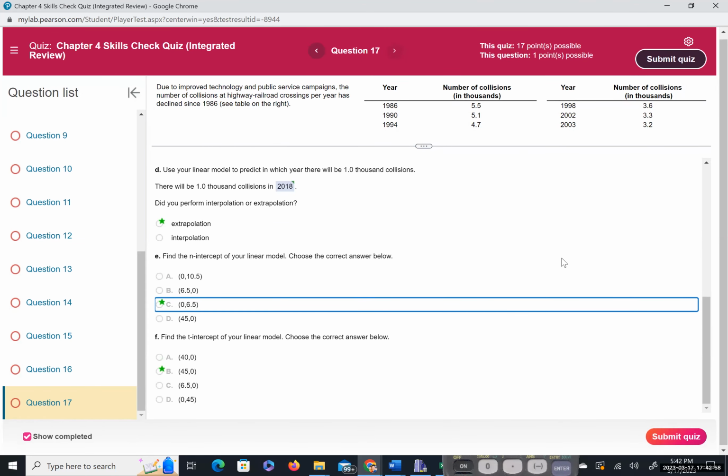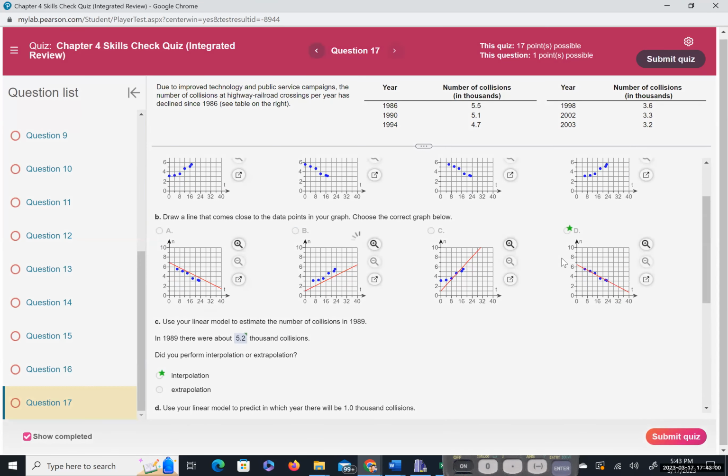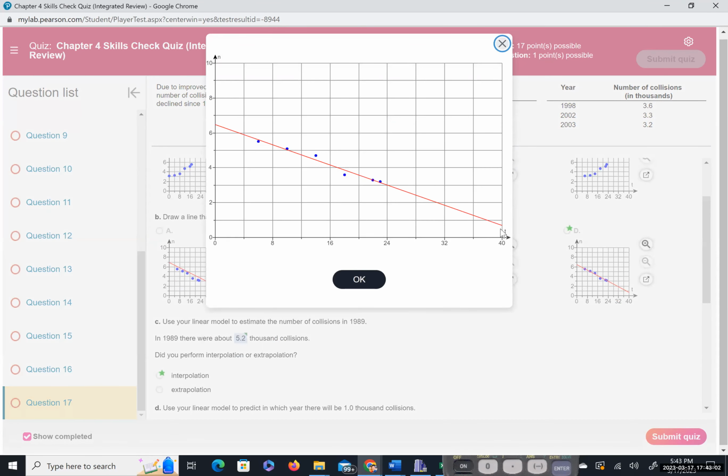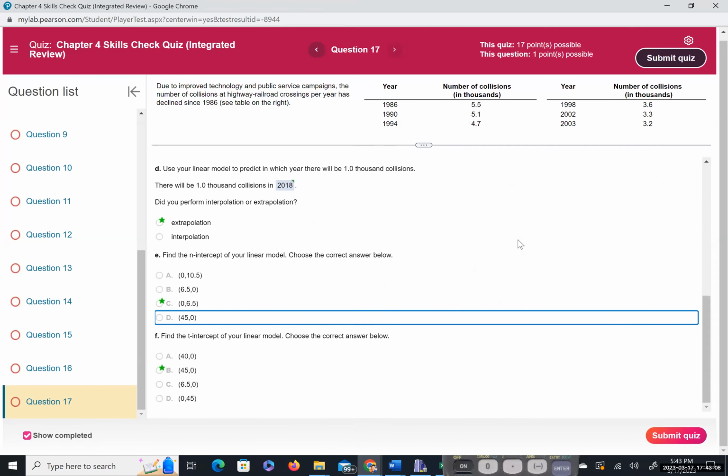Okay, so the estimate is outside here, so 45, 0, something like that. 6.5, 0? No. 0, 45 would be the y-intercept, so no. 45, 0 is going to be good. Okay, so this is going to be it.